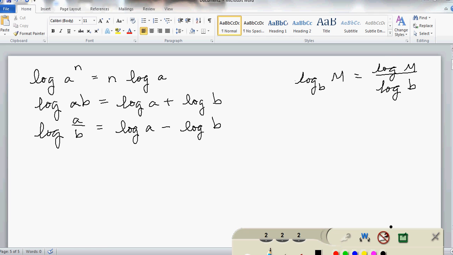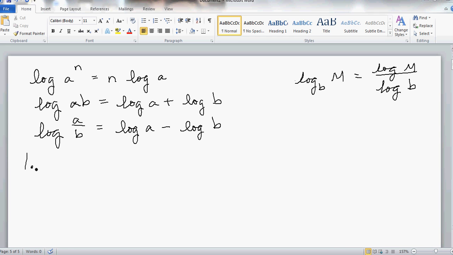So with that in mind, let's start working on our examples. It says use the properties of logarithms to find the exact value of the expression. Okay, so we have natural log of e to the third, and basically we can put this exponent out in front, so it's 3 times the natural log of e.